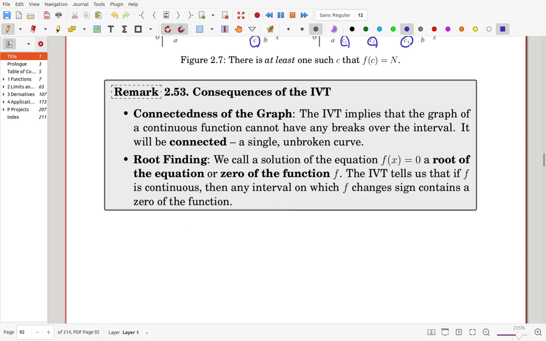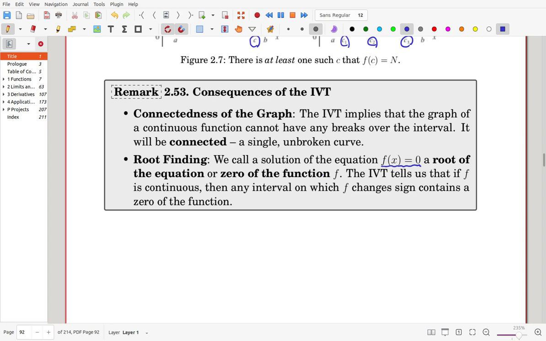If you try to find x satisfying f(x) equals 0, then x is a root of the equation, or you may say that x is a zero of the function. So by using the intermediate value theorem, we can prove the existence of a solution in a given interval. And based on that, you may start searching for the solution.